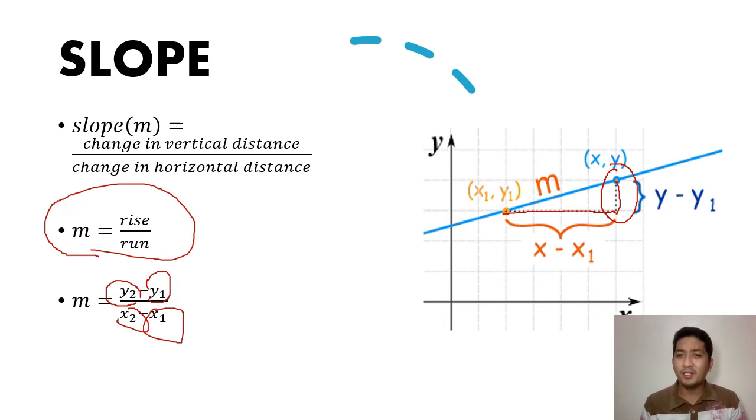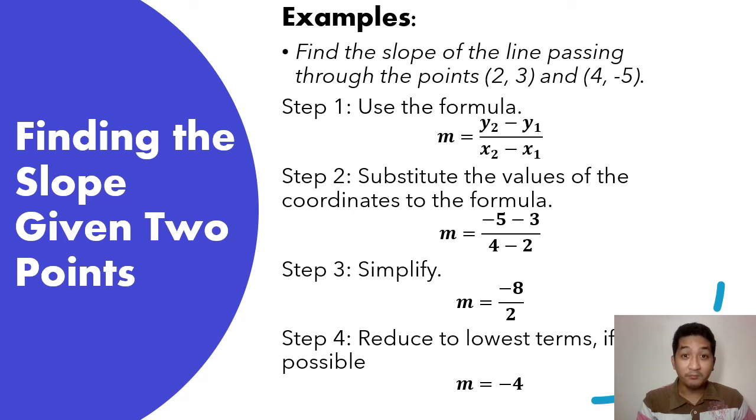So how do we use that? Let's have, for example, this one. Let's say you're asked to find the slope of a line passing through the points (2, 3) and (4, negative 5). So you have a line that passes through these 2 points.